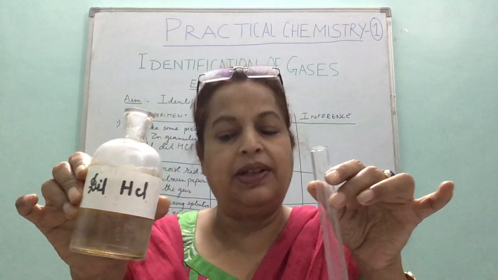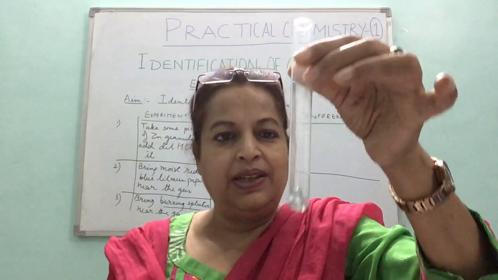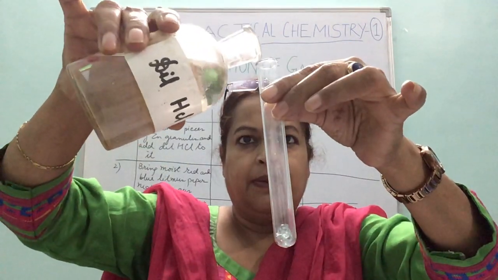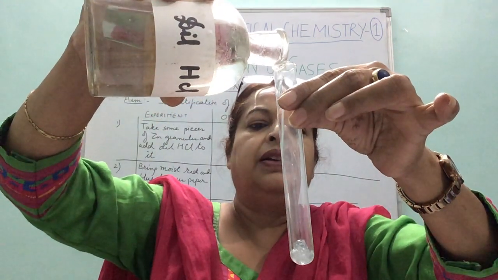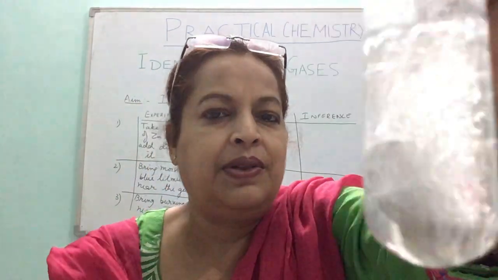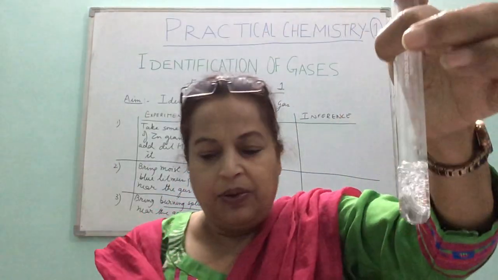I'll be adding dilute HCl to it, and you will see. So very carefully, by the side of the test tube, add dilute HCl. What do you see and what do you hear? Can you hear something? Well, you can see brisk effervescence. The very tiny bubbles are known as effervescence.